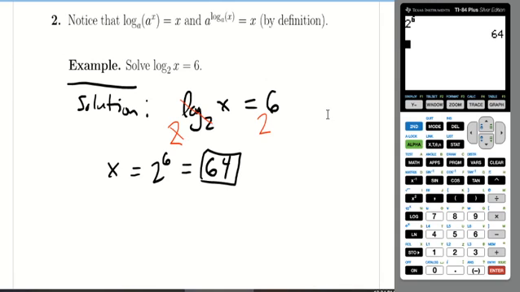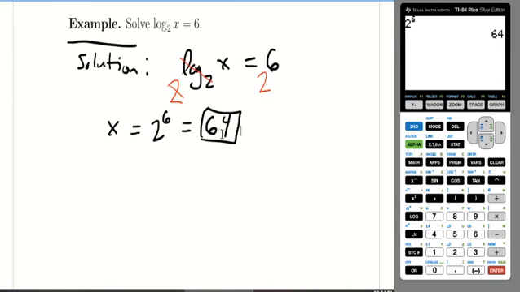Okay? And of course, you should always check your answer, because remember the logarithm has domain only positive numbers. When you raise a number to the power of both sides, you might introduce some extraneous solutions. That doesn't happen here.